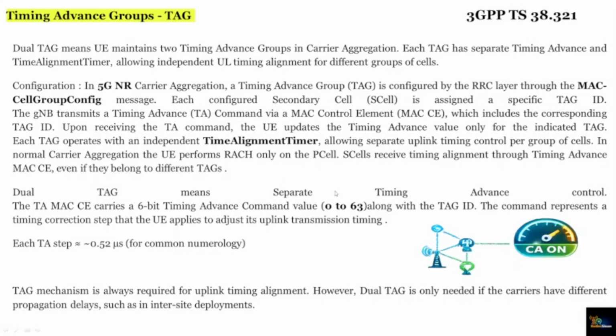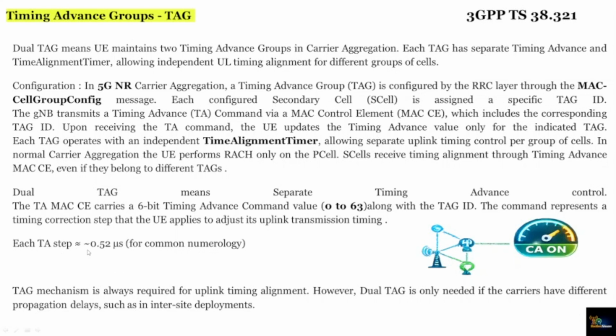The timing advance MAC-CE carries a 6-bit timing advance command value, whose range is 0 to 63, along with the TAG ID. The command represents timing corrections that you apply to adjust uplink transmission, which avoids the propagation delay. That's why it is used for this.